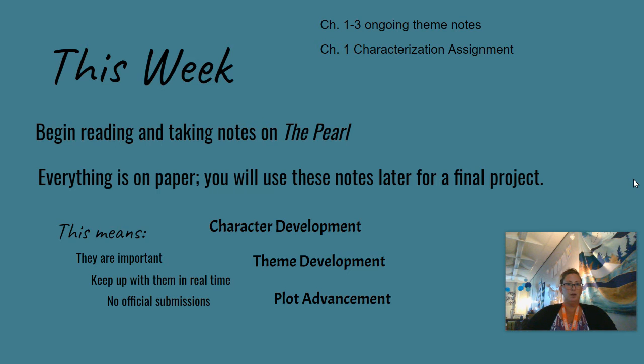For chapter 1, you'll be doing a characterization assignment. For chapters 2 and 3, you'll be doing a 4-square chart. So you'll see it set up for you in Schoology. You'll just draw a simple cross on your paper, or you can fold it so that you have 4 squares. And the graphic in Schoology will explain to you what goes in each square, and you'll have all the materials that you need right there with it.